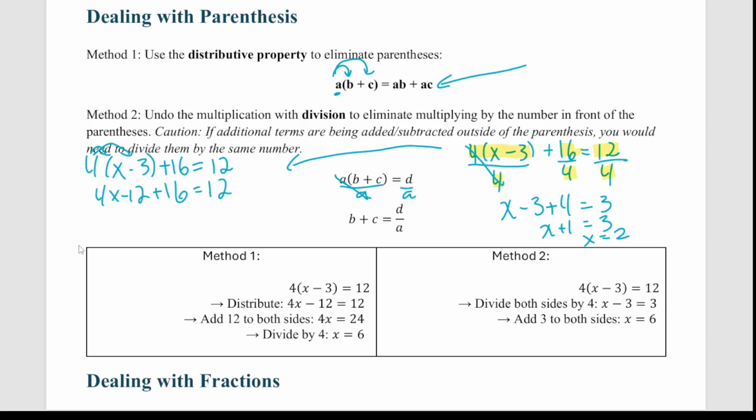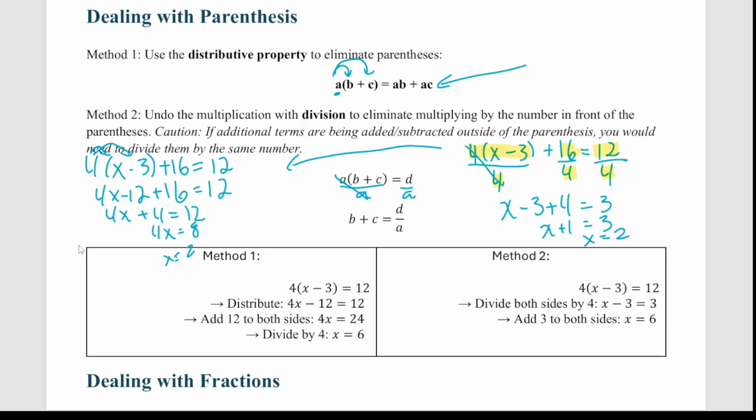And then again, combining like terms within one side of an equal sign, always a good habit. That I would subtract 4 from both sides to get x's too. So you can get the same solution either way, and occasionally it is actually simpler to divide both sides by the number in front of the parentheses, so keep in mind that it is actually an okay method.